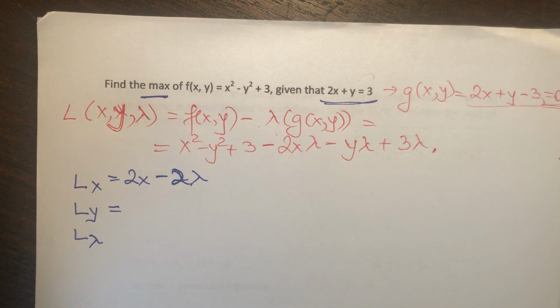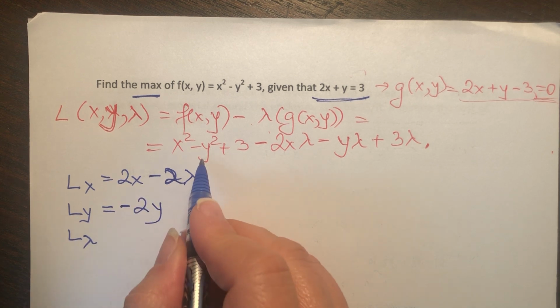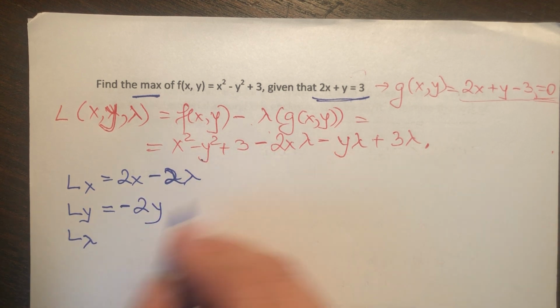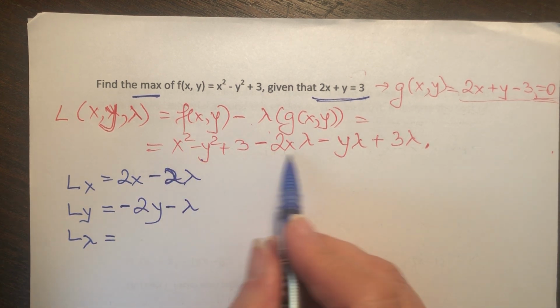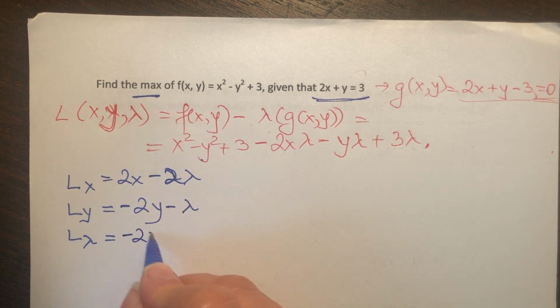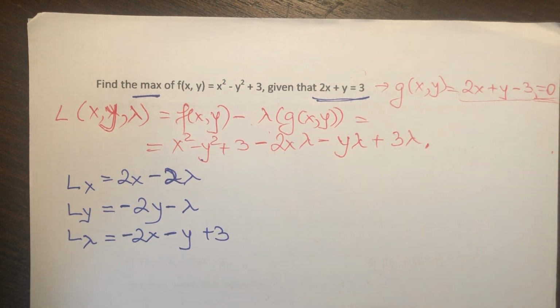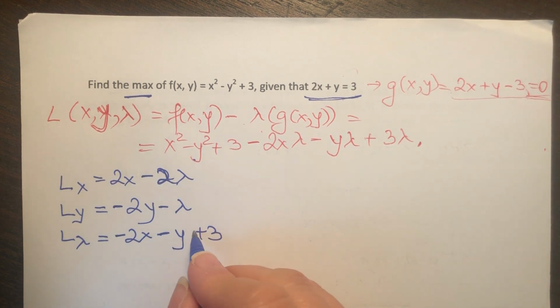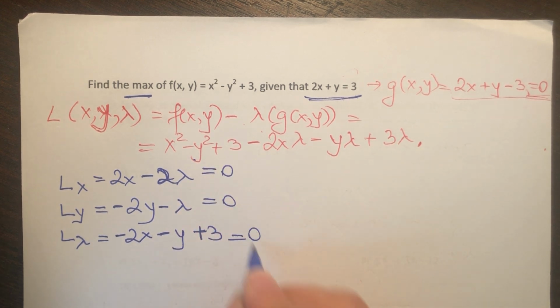What's the derivative with respect to y? Negative 2y, right? There's a y, minus lambda. Okay. What's the derivative with respect to lambda? There's a lambda, negative 2x minus y plus 3, which is basically the opposite of your condition every time. Okay, set them all equal to 0 and solve.